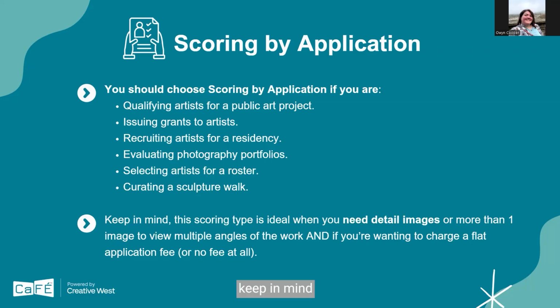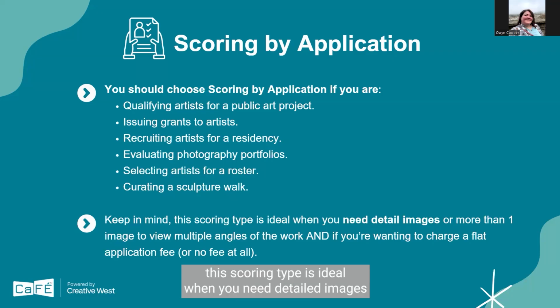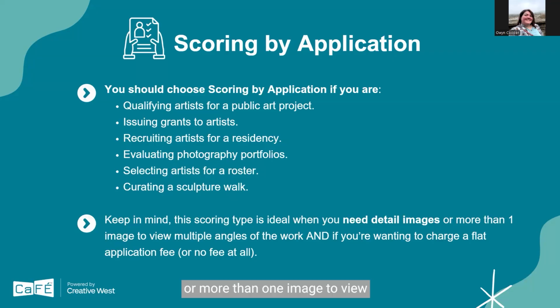Keep in mind, this scoring type is ideal when you need detail images or more than one image to view multiple angles of the work. And if you're wanting to charge a flat application fee, or perhaps no fee at all, that also works with this scoring type as well.